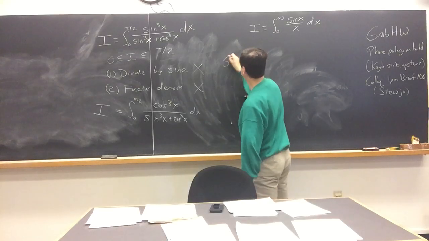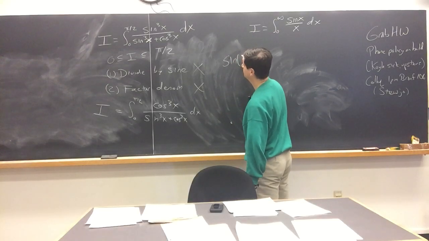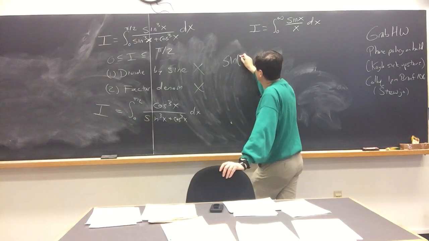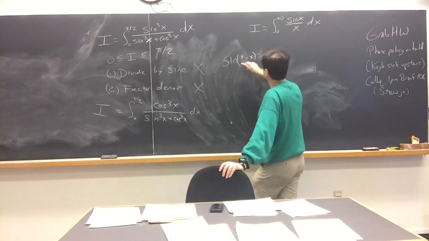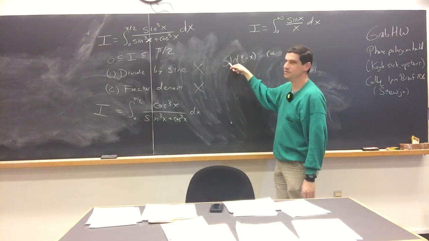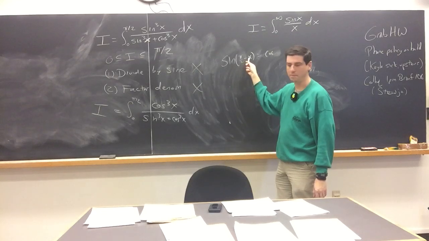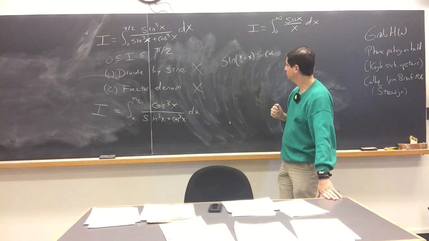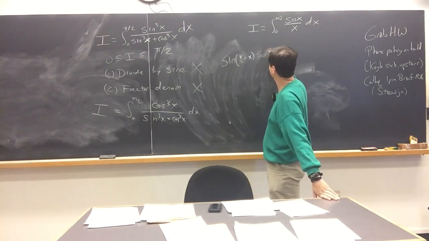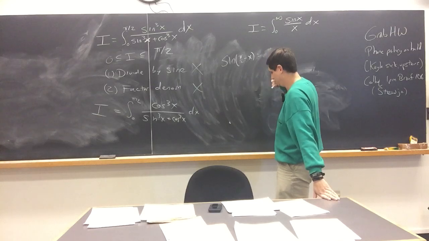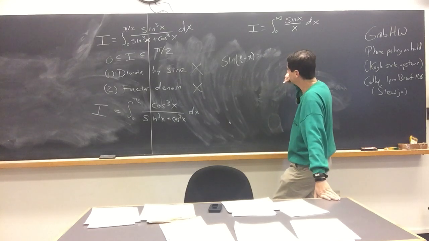If you look at the sine of pi halves minus x, this is the same as the cosine. Sorry, let me write this slowly. Can we just do it by triangles?